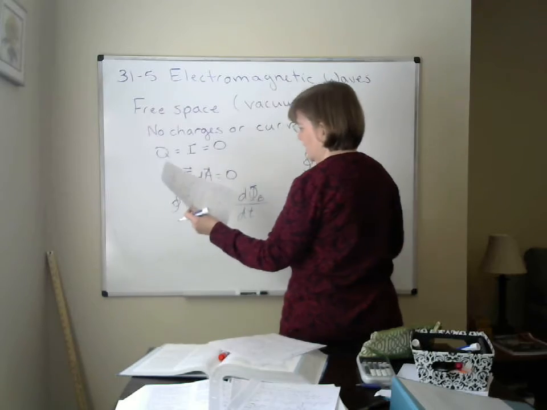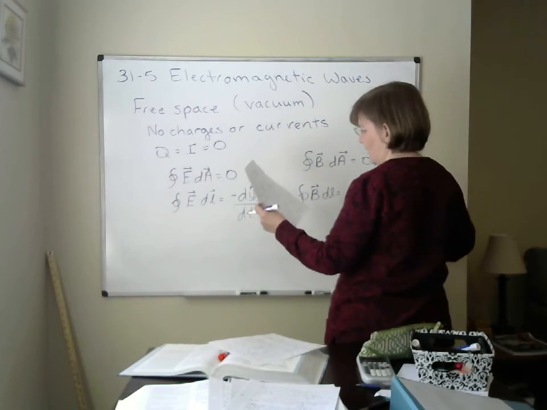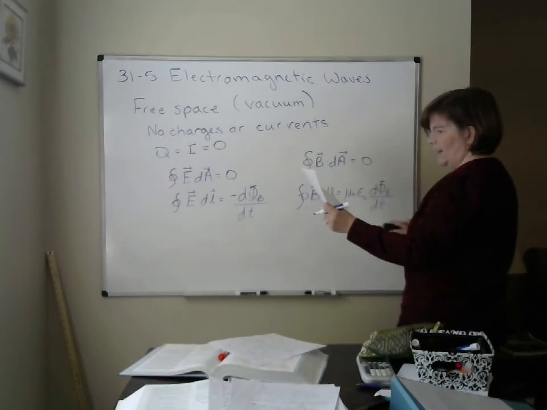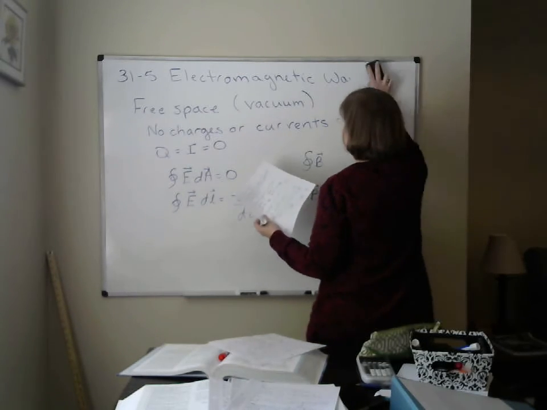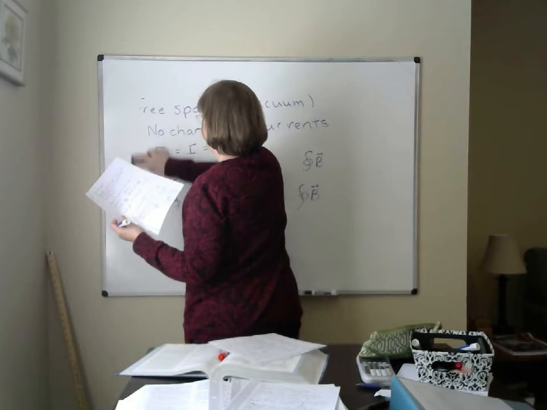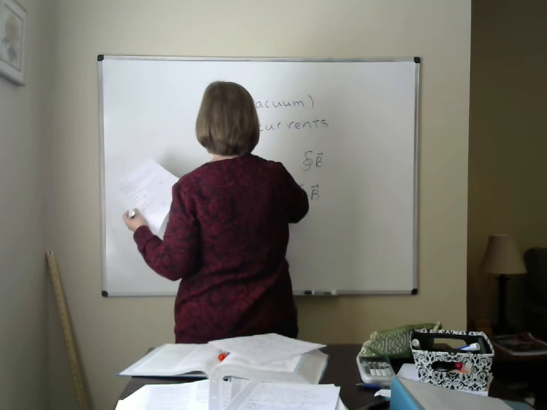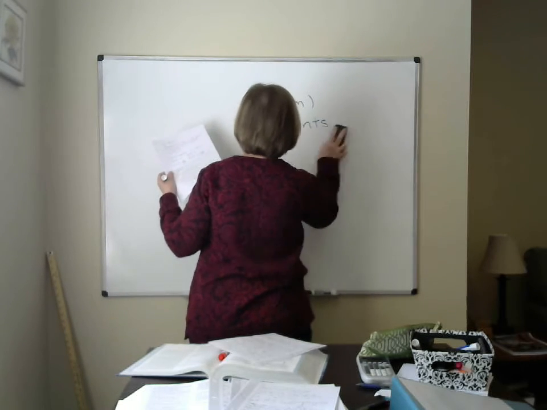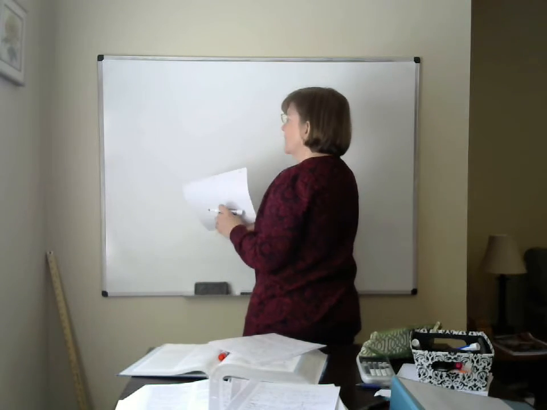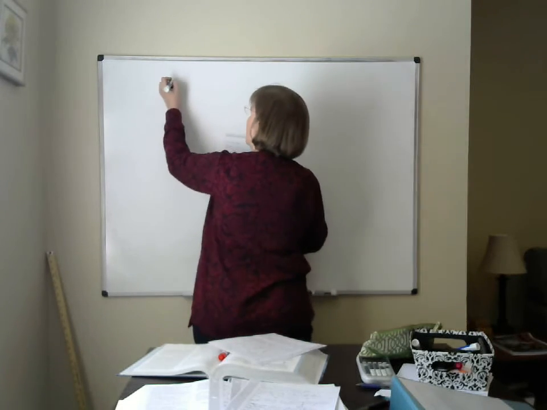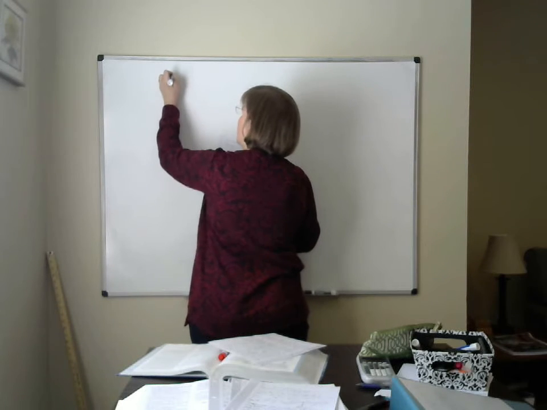Let's draw a picture of it, and let's look at the math that we often use to talk about it. If I draw a picture of it, we start with a three-dimensional axis.